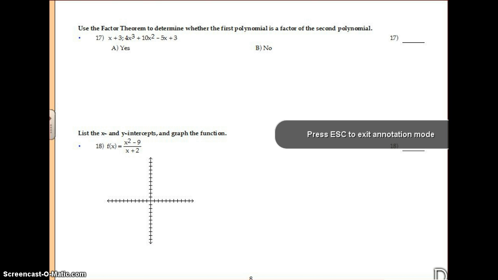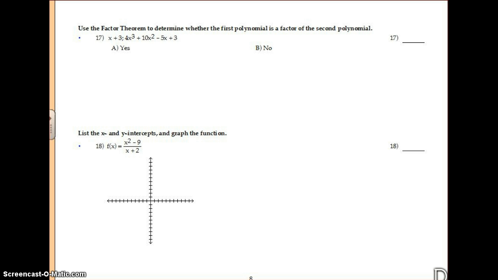Okay, number 17, use the factor theorem to determine whether the first polynomial is a factor of the second polynomial. The factor theorem is to take what you're dividing by and solve that. You're going to take x plus 3 equals 0, so x equals negative 3.